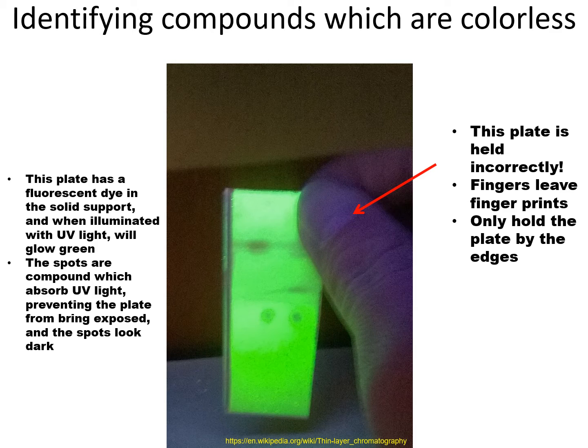Here I need you to know that when we handle the thin layer chromatography plate, after the experiment or before the experiment, we have to hold it by the edges, not by the face. Otherwise, the silica is a pure homogeneous compound, and if you have some chemicals on your glove or finger, they will contaminate it and you will lose your experiment.